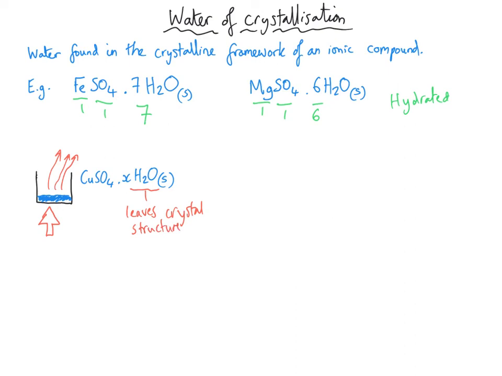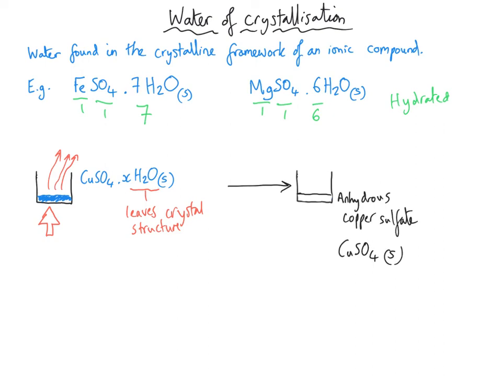And so what we're left with at the end is anhydrous copper sulfate, so copper sulfate that has lost all of its water. And so then in this experiment, what we've done is we've removed all of the water of crystallization from the copper sulfate.